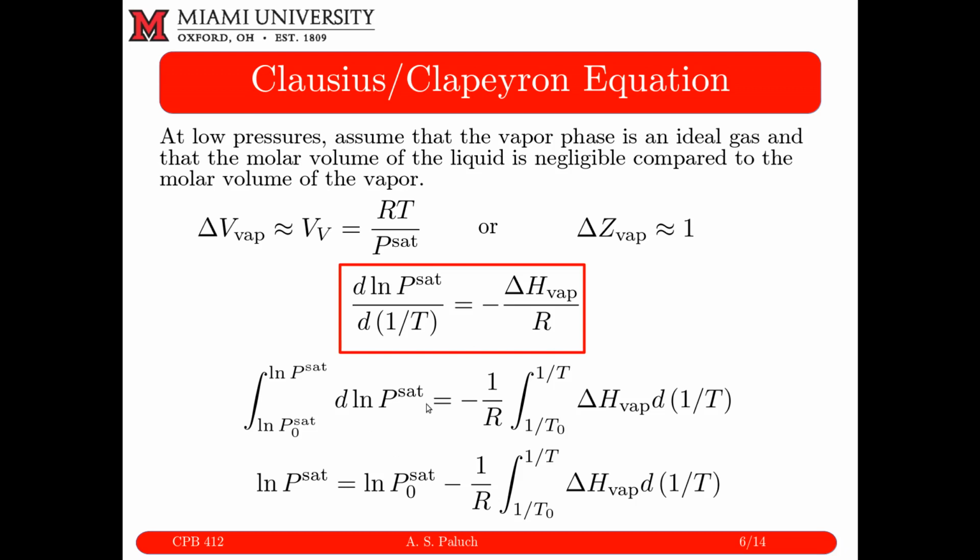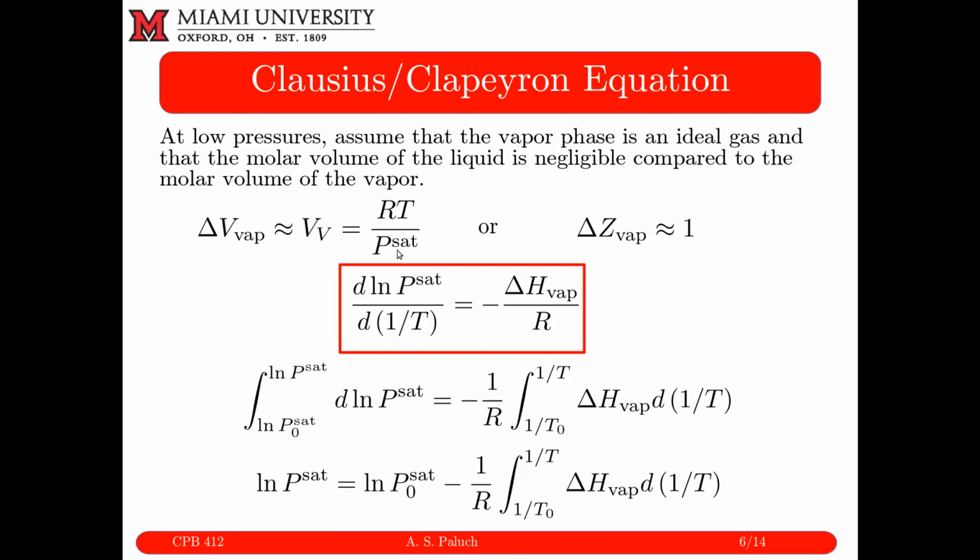In doing so, we'll say that delta H of vaporization would be equal to the molar volume of the vapor relative to the molar volume of the liquid. The vapor could be modeled via the ideal gas equation of state, RT over Psat, and we're assuming the liquid volume is negligible compared to the vapor phase.